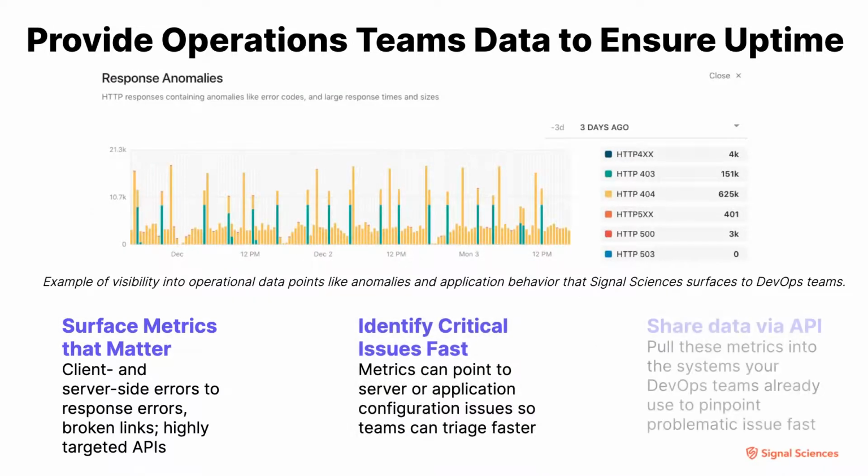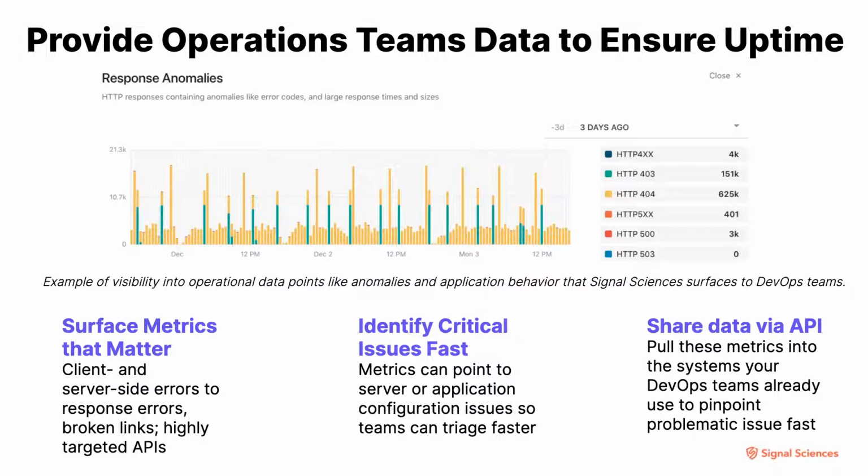Uptime and availability are crucial to operations teams chartered with keeping apps running and available to service customers. Signal Sciences built the agent to expose metrics that operations teams rely on and can surface metrics that are meaningful to operations teams like client-side and server-side errors, or large response times, or response errors, or broken links in the code.